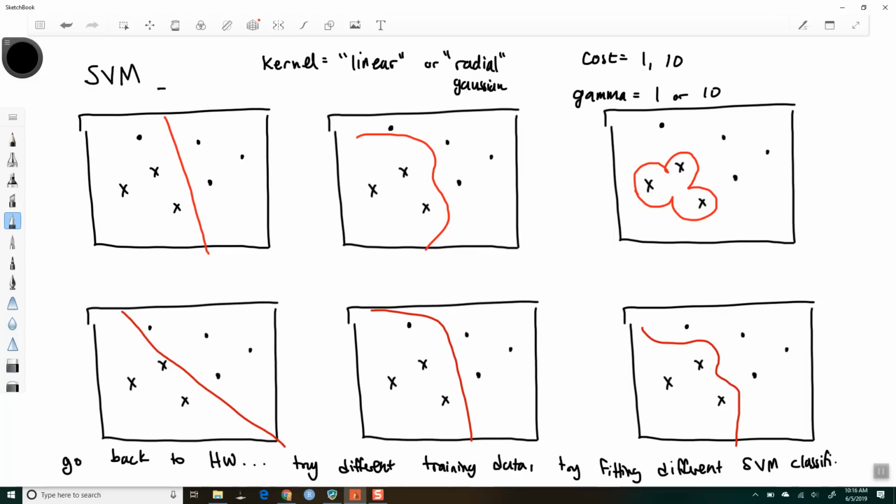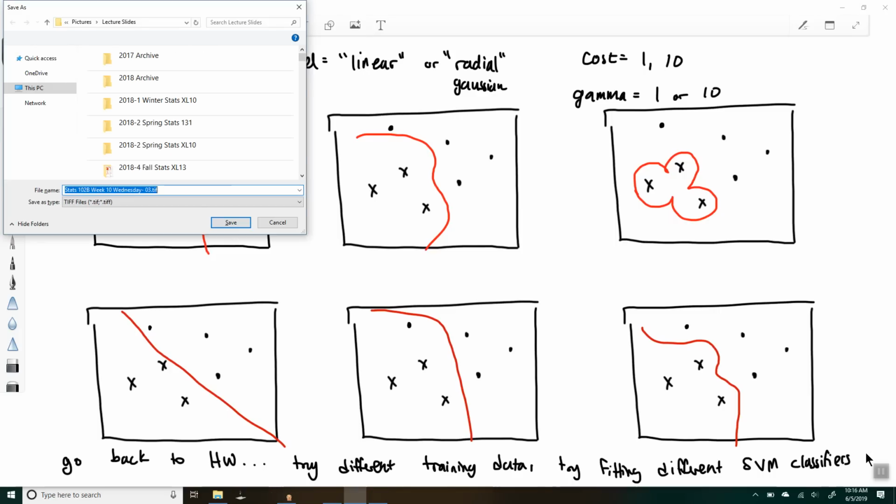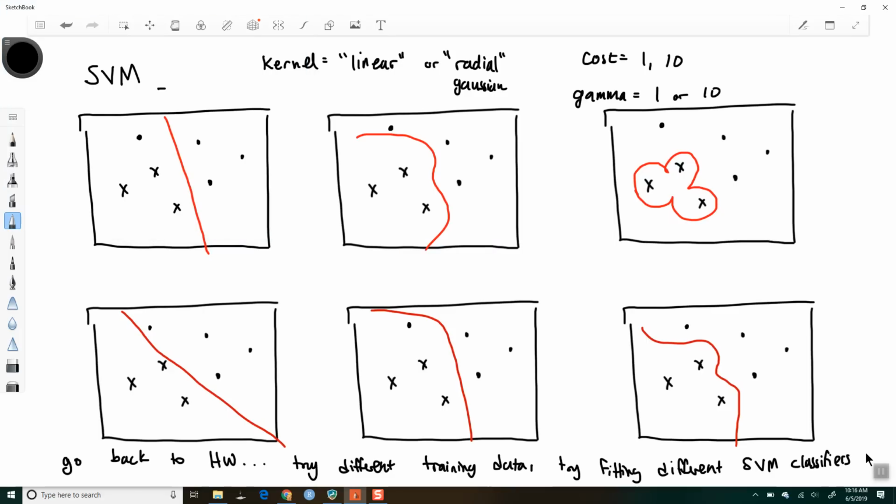I think all the code is already provided for you in homework 4, it's just that last problem. Go in there, generate new training data, try out different classifiers with these different settings. And I think you'll get a better sense of where these boundaries get drawn.